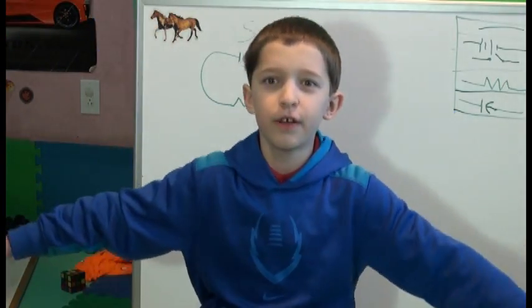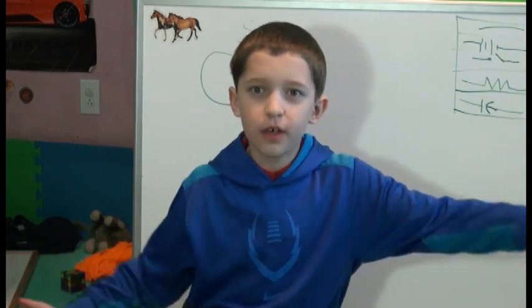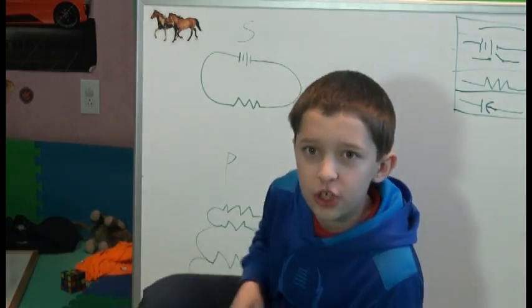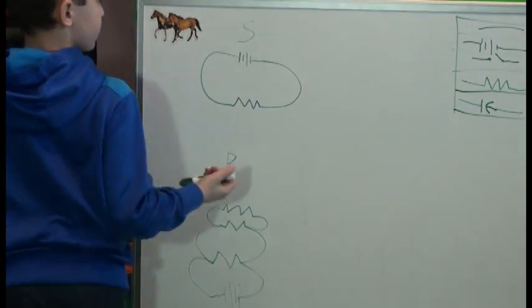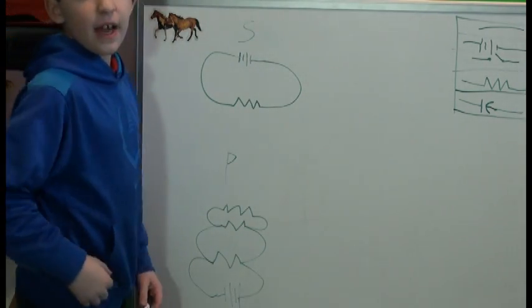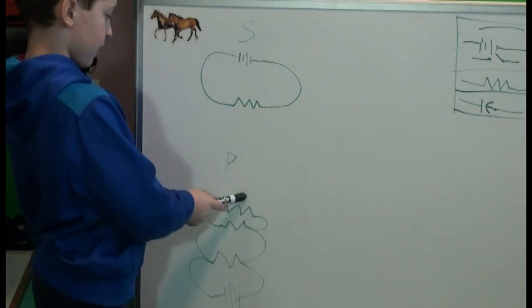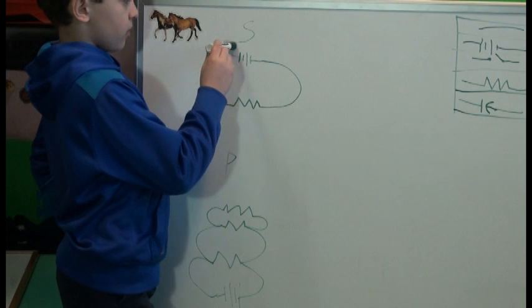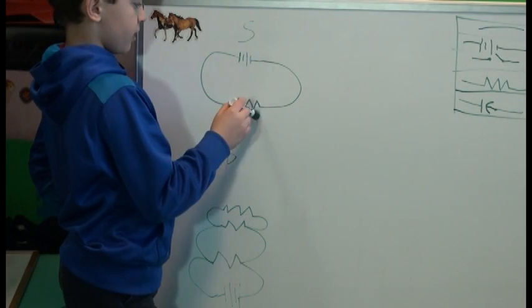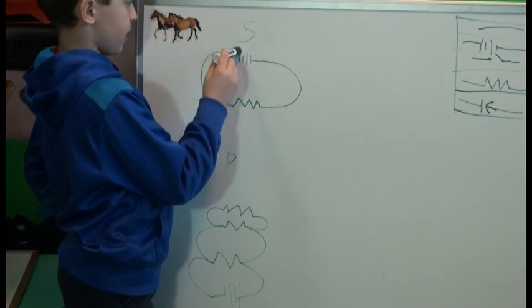Oh, I gotta cover this up. Sorry. Okay, ready for the difference between a series circuit and a parallel circuit? Well, here we are. I have S for series circuit, and P for parallel. A series circuit, we have our power source, and then we have wire into a resistor, and then back to the power source.